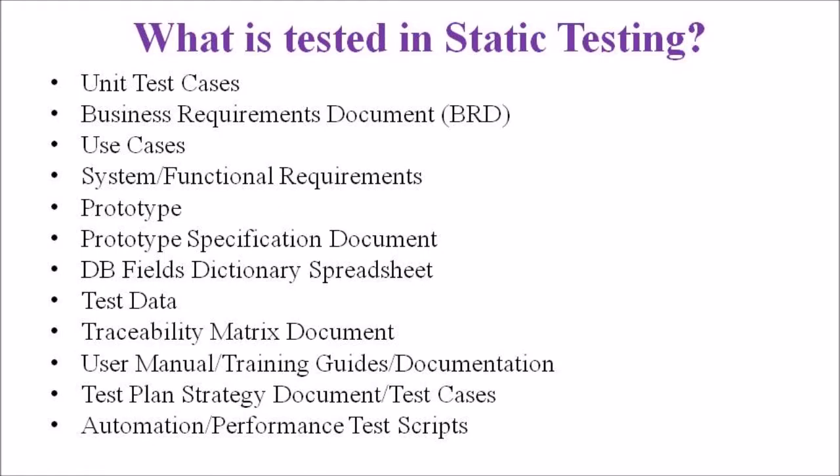In static testing, the following things are tested: unit test cases, BRD, that is business requirements document, use cases, system requirements as well as functional requirements, prototypes, prototype specification documents, database fields, dictionary spreadsheets, test data, traceability matrix document, user manual as well as training guides and documentation, test plan strategy document or test cases, automation as well as performance test scripts.